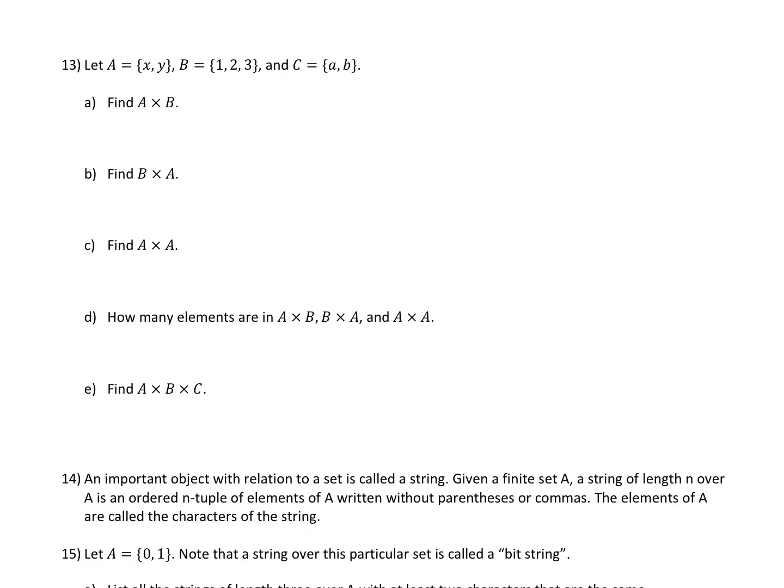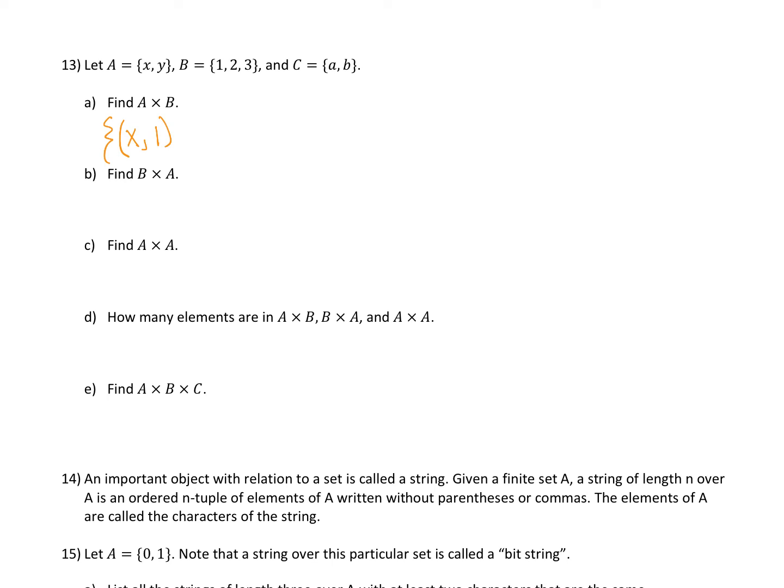Okay, so here's an example where I have just a couple of small sets. A is the set {x, y}, B is the set {1, 2, 3}, C is the set {a, b}. All right, I want to find A cross B. So it's a set of all ordered pairs where the first element lives in A and the second element lives in B. First element has to come from A, so I could start with an x, and then the second element comes from B, so I could do 1.